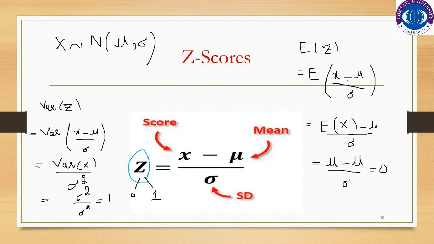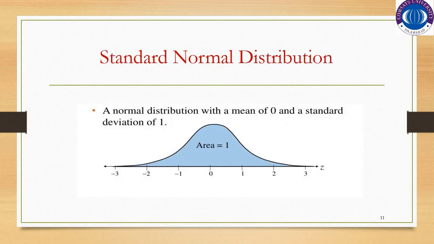So what will be the distribution for this? This will be the standard normal distribution. A normal distribution with a mean of 0 and a standard deviation of 1 is the standard normal distribution. So in shorthand notation, Z follows the standard normal distribution with parameters mean 0 and variance, or standard deviation, 1.